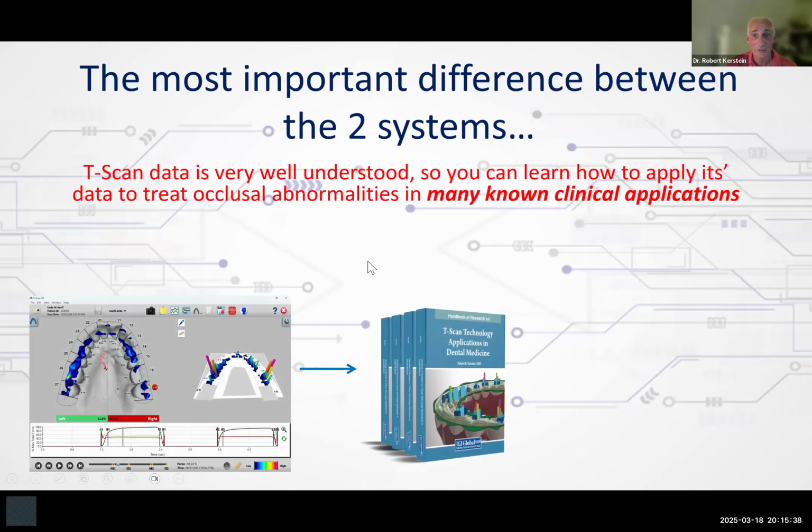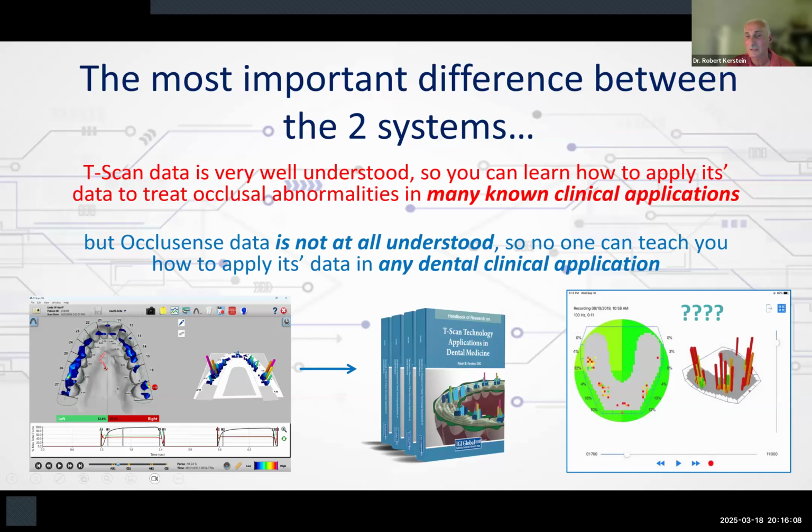You can learn how to use its data to treat occlusal problems in many known clinical applications. As Diana was introducing the 4-volume encyclopedia handbook, this T-scan in orthodontics, T-scan in prosthodontics, T-scan in implants, T-scan in TMD, T-scan in posture, T-scan in general occlusion. We have applications and proven protocols in many, many, many disciplines in dentistry that you come across every day in your practice.